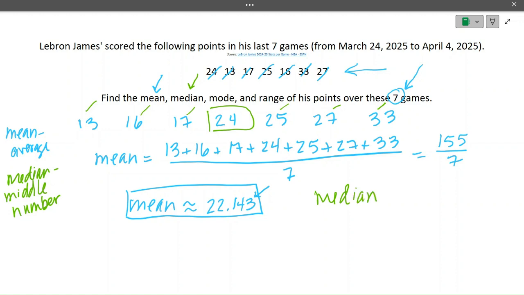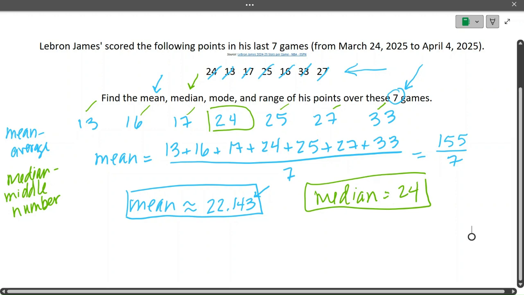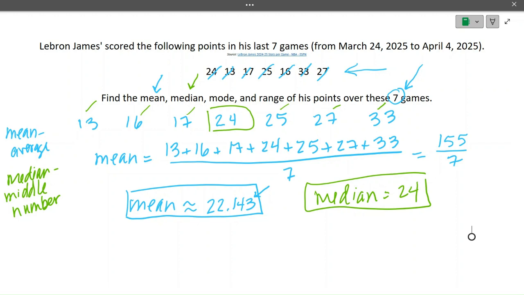Okay, let's talk about shortcuts. So let's talk about if you have a large data set. One of the things that's nice about having an odd number is you know you're going to land on a middle number by itself.